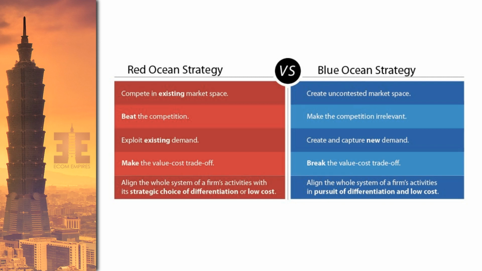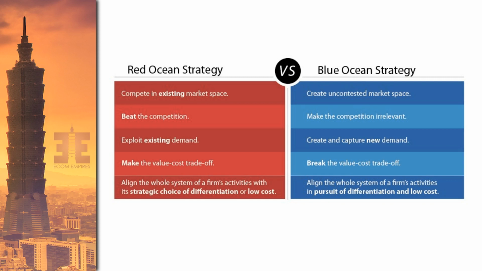But if you can create a situation where the value actually goes up compared to what competitors are offering and your price goes down to what competitors are charging, now you've innovated in a way that is going to be hard for them to compete. You've created a new market space for yourself because you have taken the value up higher, taken the cost down lower. That's really interesting. That's innovation.